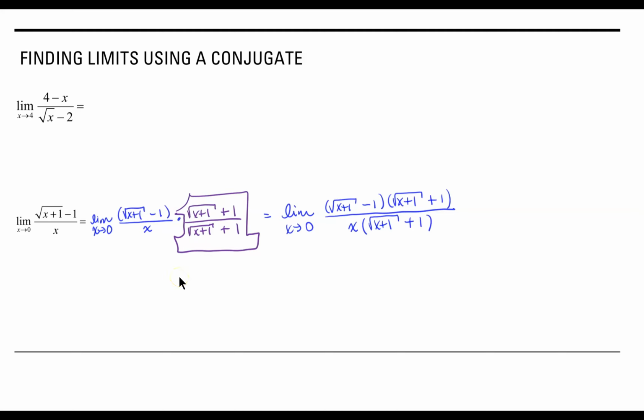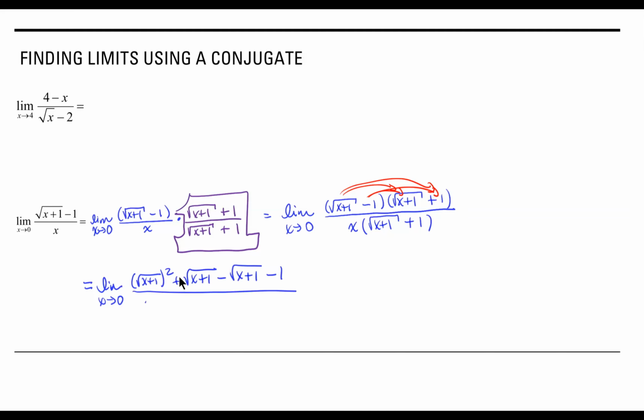So now, if we simplify what's in our numerator, we get the limit as x approaches 0. Using the distributive property to multiply my numerator out, we end up with the square root of x plus 1 squared, plus the square root of x plus 1, minus the square root of x plus 1, minus 1.